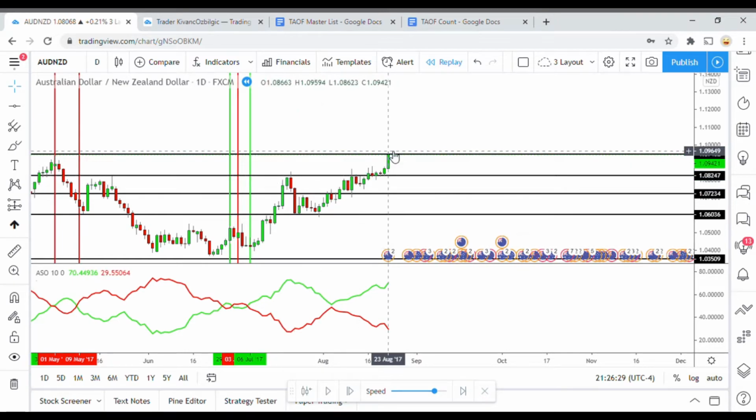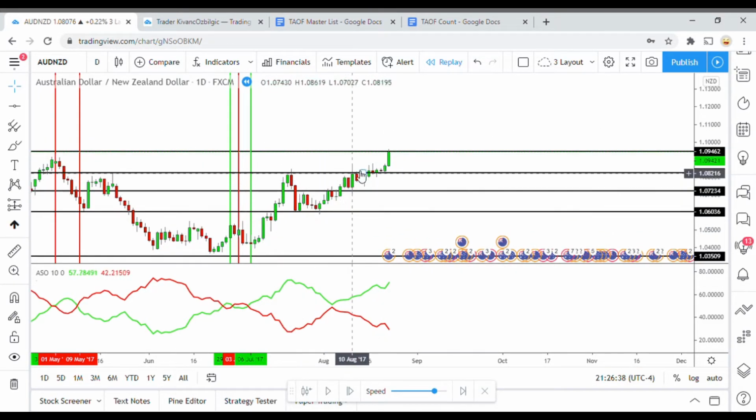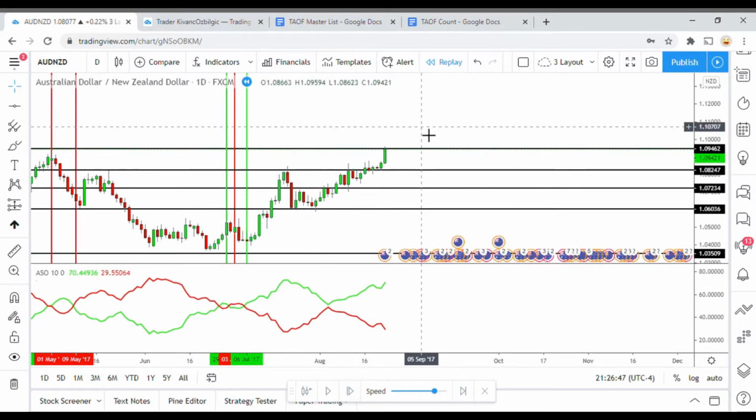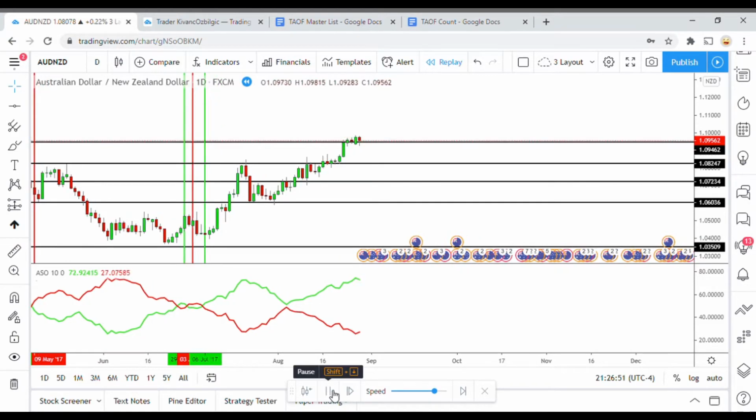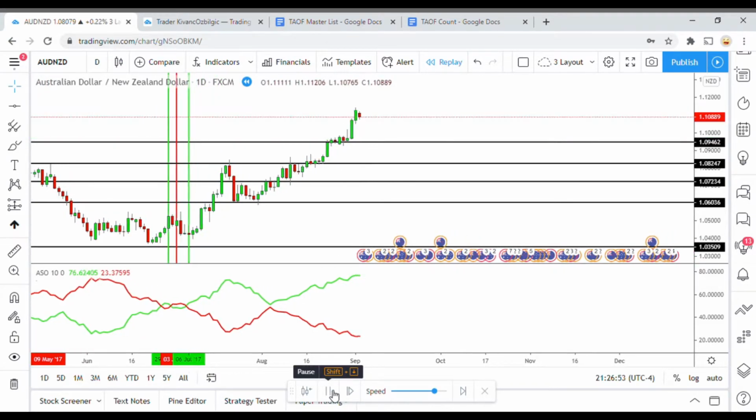Even if it does break above this resistance line here, the ceiling line, it is very possible that it could break up above for a moment and then turn around and reject this area, because we are at the last tail end of a really reasonable move. It's not a great move, but it definitely has moved.